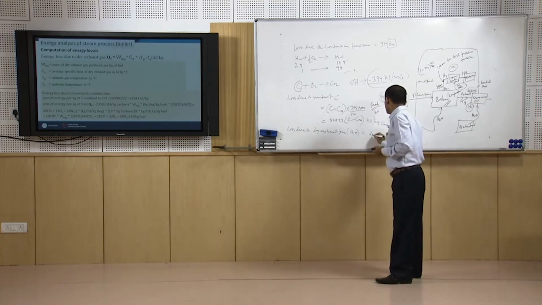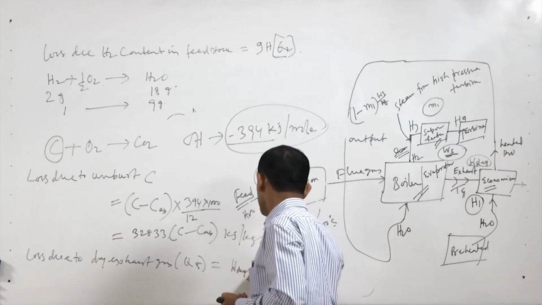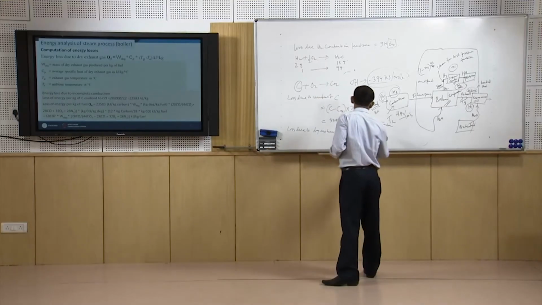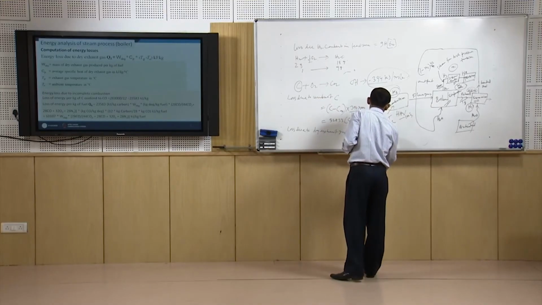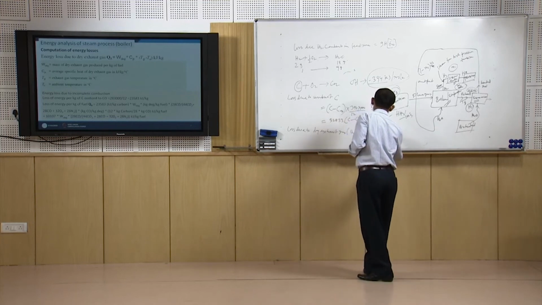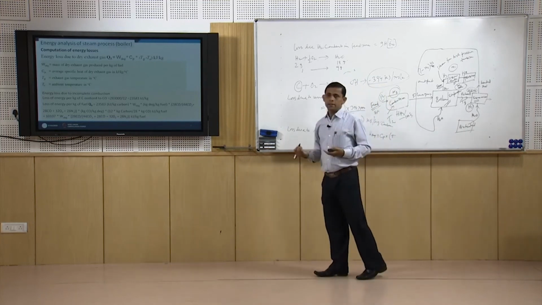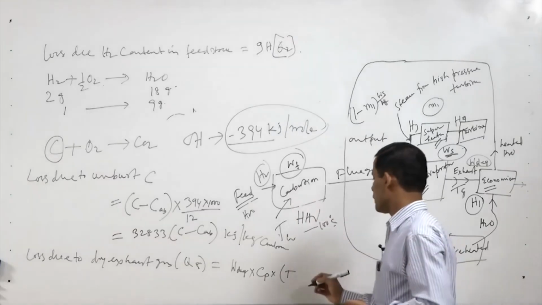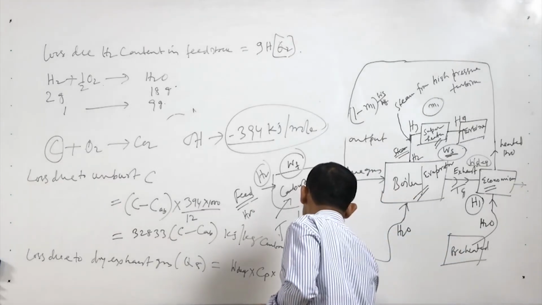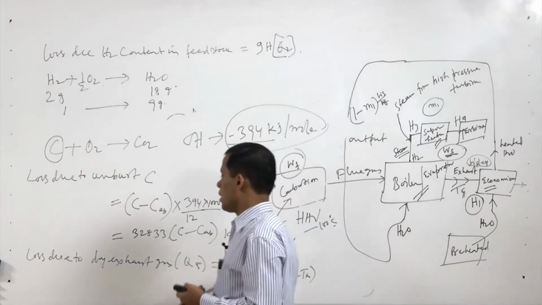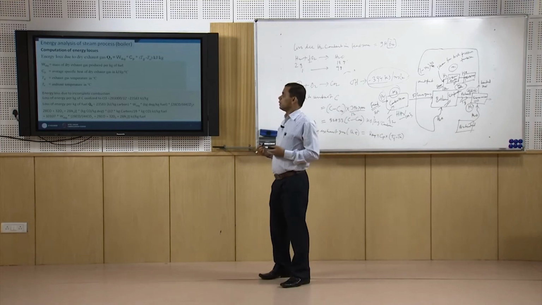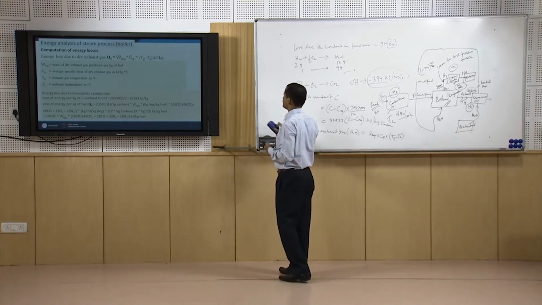Then WDEG into Cp of that gas into dT. What is dT here? That is Tg minus Ta. So, this is Tg and originally we had that Ta. So, Tg minus Ta. This is the amount of heat loss we are getting due to this reason.